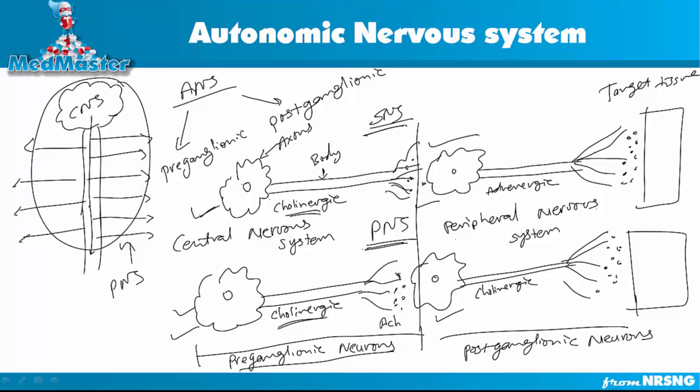So in the parasympathetic nervous system, the preganglionic and postganglionic neurons are both gonna be cholinergic, while in the sympathetic nervous system, the preganglionic neurons are gonna be cholinergic and the postganglionic are gonna be adrenergic.